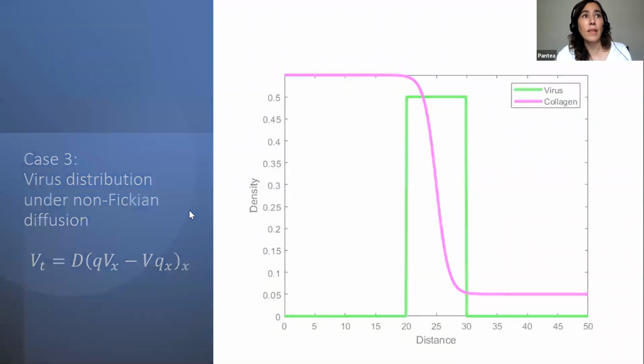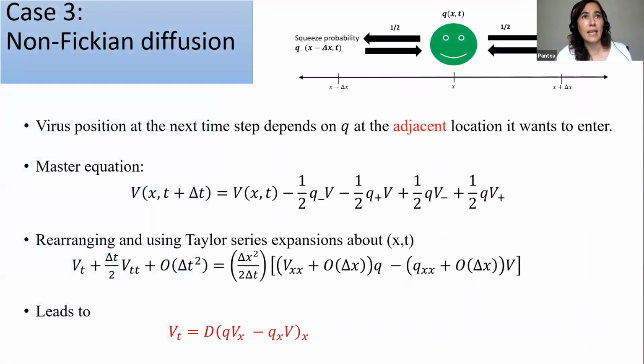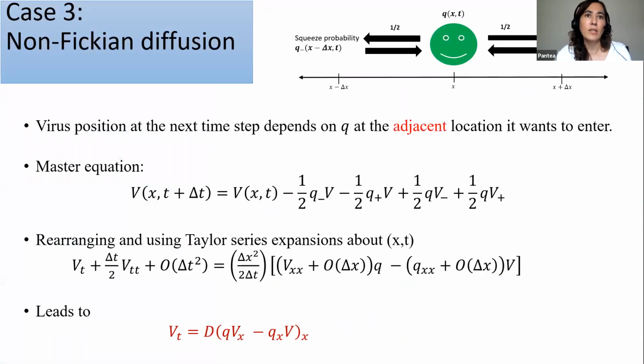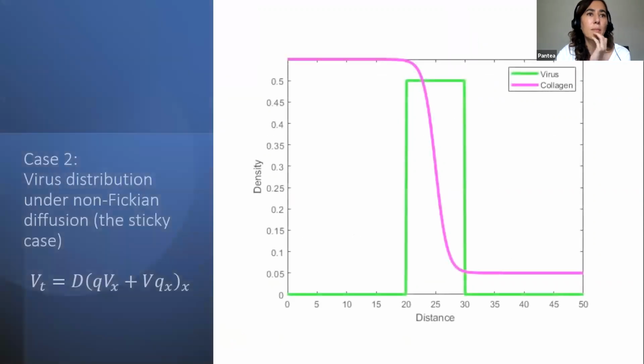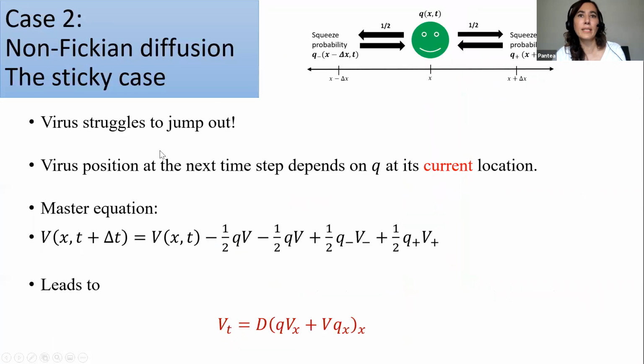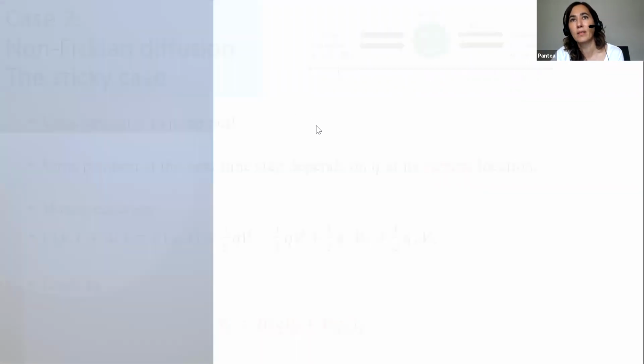But yes, you're right, the sticky case feels a little bit unintuitive, which is the one where the probability of virus motion depends on where it is. So I was thinking about how this one works, and that's why we decided to think of it as more of a sticky case. Yeah, it definitely feels unintuitive, but with such a small change, it makes a massive change in the diffusion of the virus.